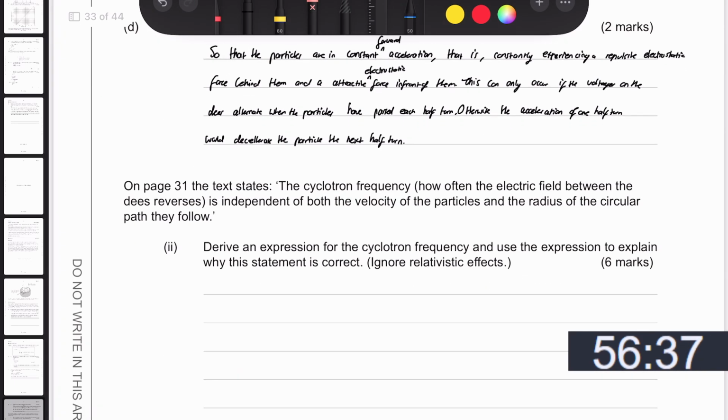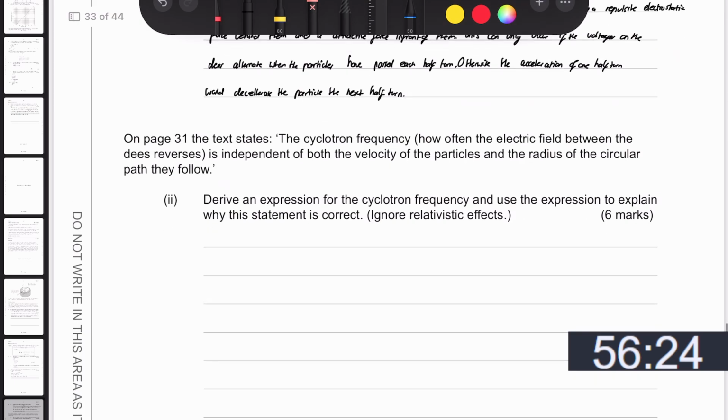Okay, the cyclotron frequency is independent of both the velocity of the particles and the radius of the particle path. Derive an expression for the cyclotron frequency and use the expression to explain why this statement is correct.